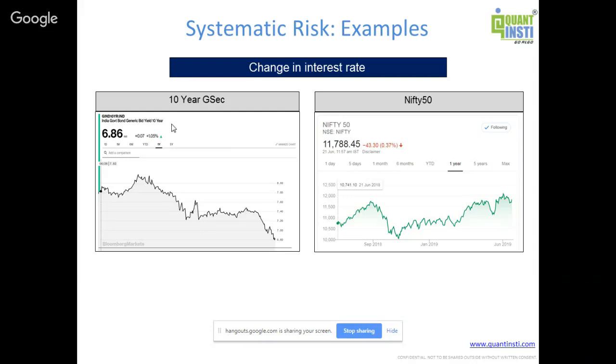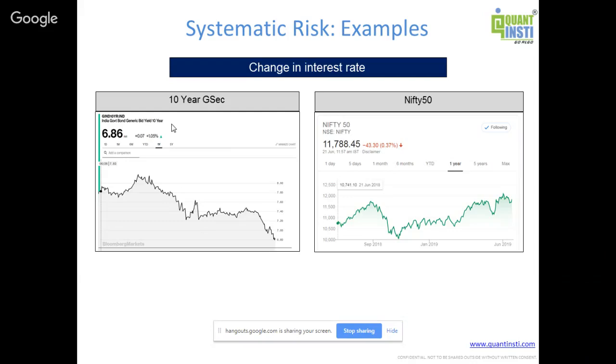A simple example to understand: if at 8% you're getting an auto loan or a housing loan, you will not buy it. But after a year, you are getting the same thing at say 7%, which is 1% cheaper, you might go for a housing loan, which will increase the profitability of banks and housing finance companies, and the cycle will keep on.